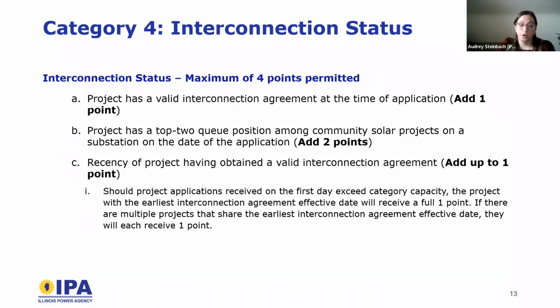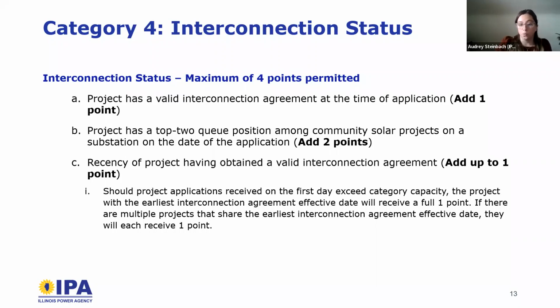So the next scoring category is interconnection status. The next 3 slides, I believe, cover interconnection status, so we'll go through each of those and pause on them so that you all can read them. They really just outline the points that are available for a project's interconnection status.